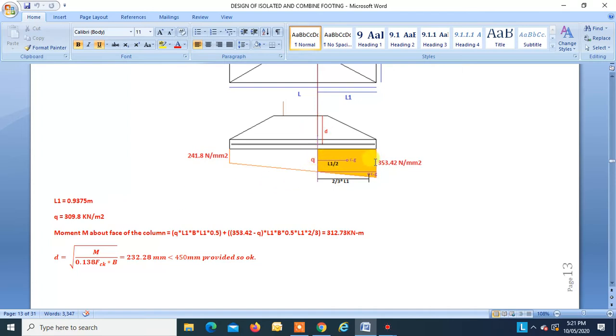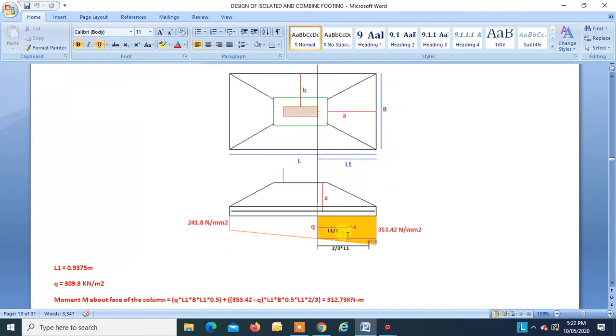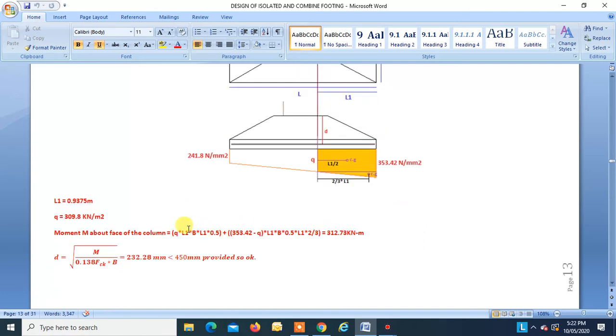The moment due to this pressure diagram will be Q into L1 into B. This is the area under which this upward soil pressure is acting. This area into Q gives you the force at the CG, and that force into L1 by 2 will give you the moment.